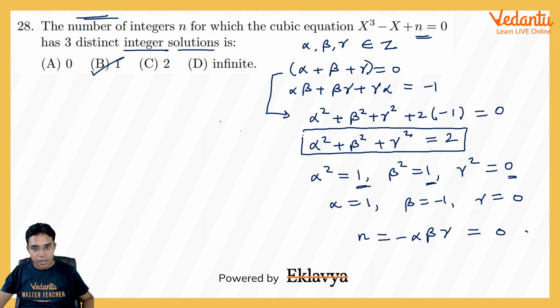There cannot be any other possibility than alpha square, beta square being 1, 1, and gamma square 0. And because distinct integers, so 1, minus 1, and 0. Okay. In fact, this is satisfying sum of roots to be 0 also, and this is satisfying sum of roots taken 2 at a time also to be minus 1.